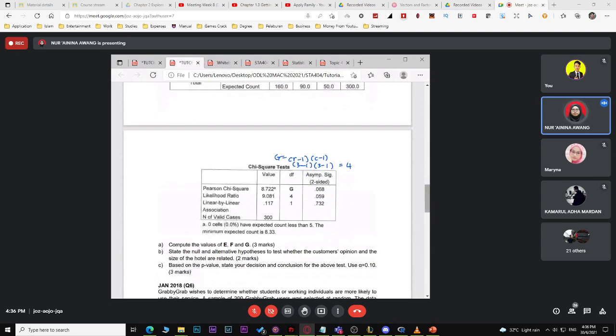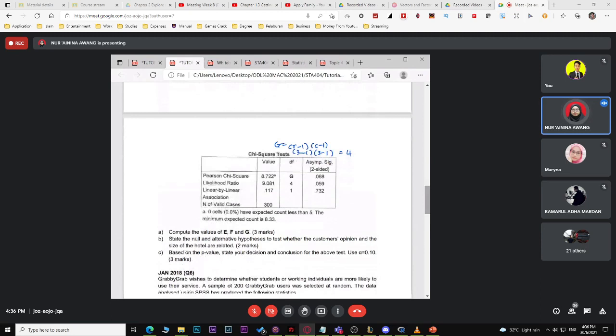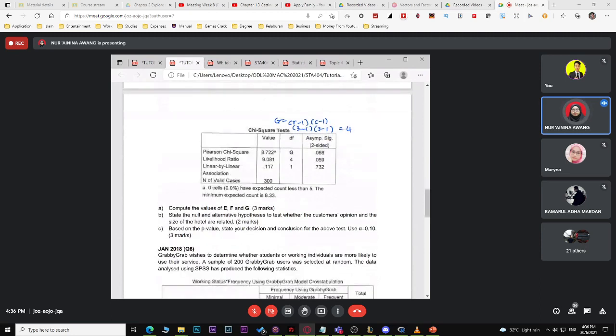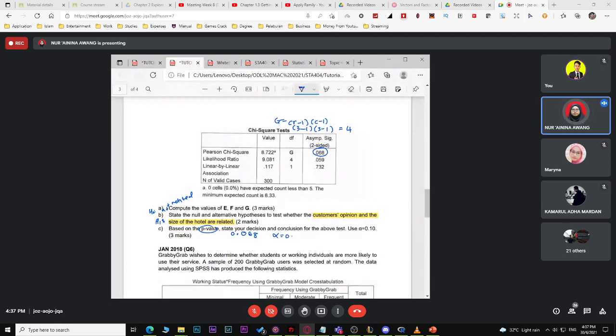And then for question B, state the null and alternative hypothesis to test whether the customer opinion and the size of the hotel are related. Okay. So this is for your H1. And then for your H null, they must be not related. Okay. And then for C, based on the P value, you just use this one, 0.068. Okay. So you compare 0.068 with your alpha 0.10.